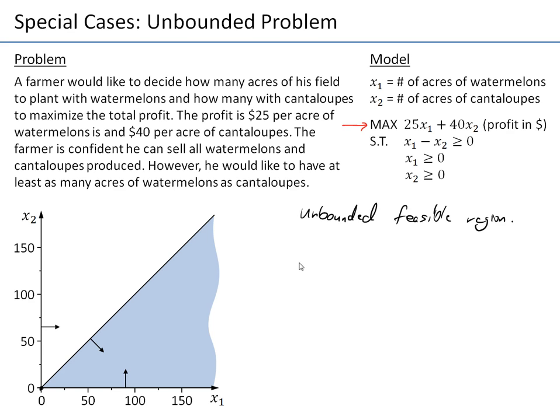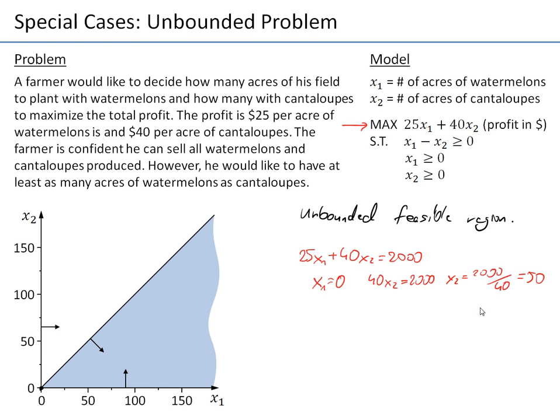So we can try to draw level curves. I'll try 25x1 plus 40x2 and compare it to, let's say, 2000. Which points satisfy this equality? If x1 is 0, then I'll have 40x2 equals 2000, so x2 equals 2000 over 40, which gives me 50.